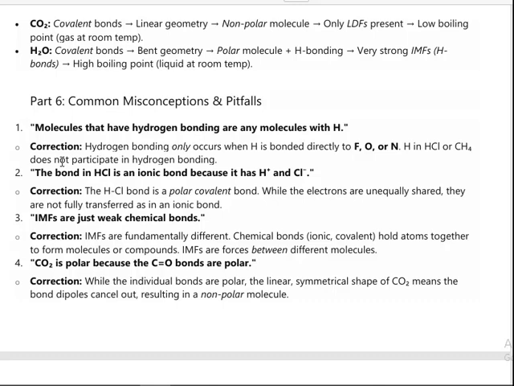That is false. HCl is a polar covalent bond. Number three, IMFs are just weak chemical bonds. No, IMFs are completely different from intramolecular chemical bonds.